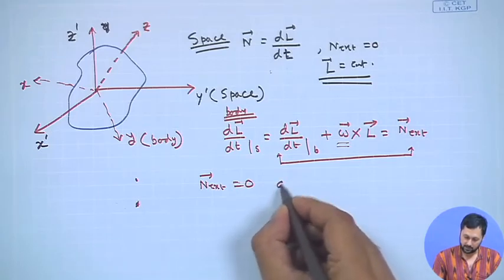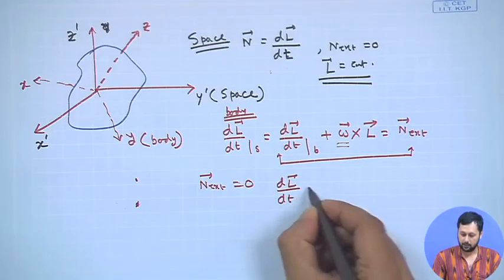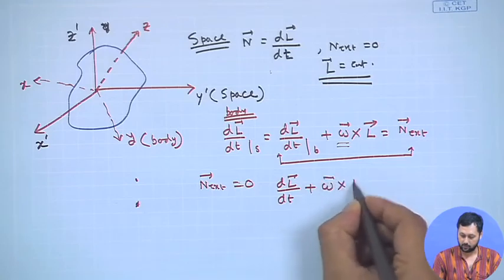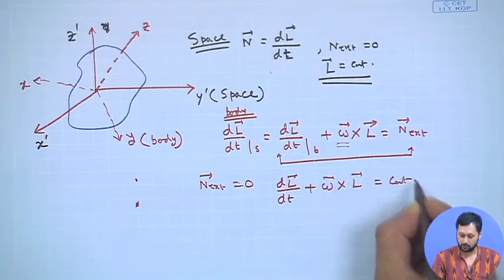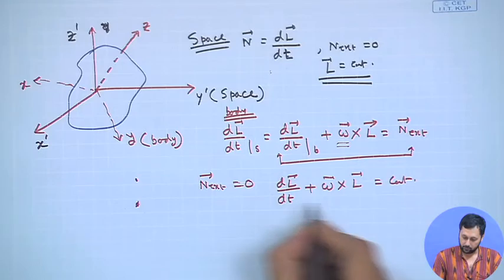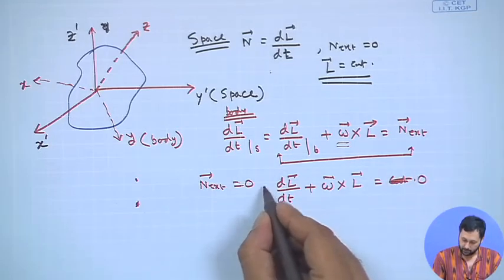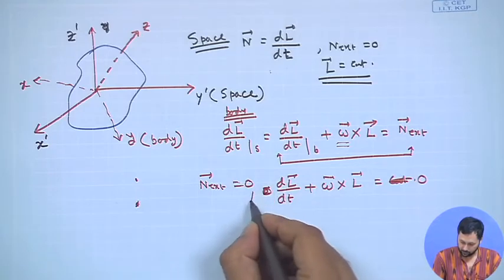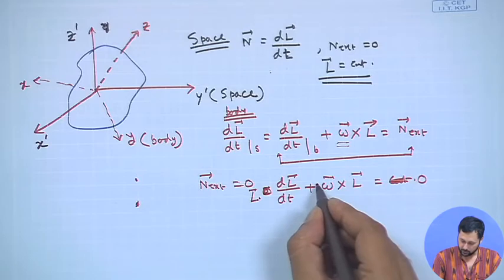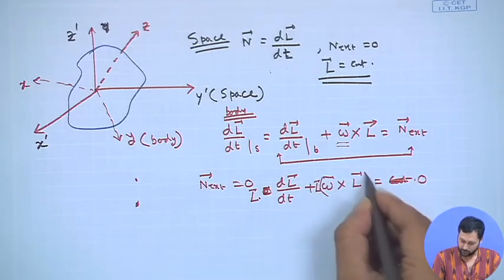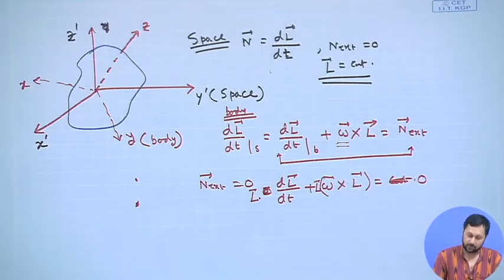We get dL/dt plus omega cross L equal to 0. Now, we can take the dot product with L from the left hand side.